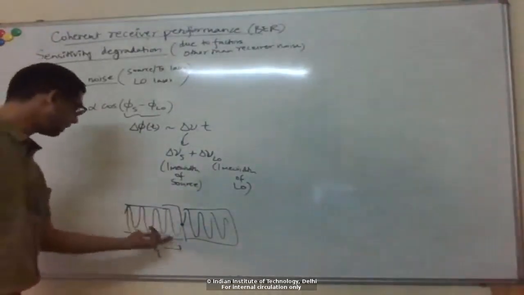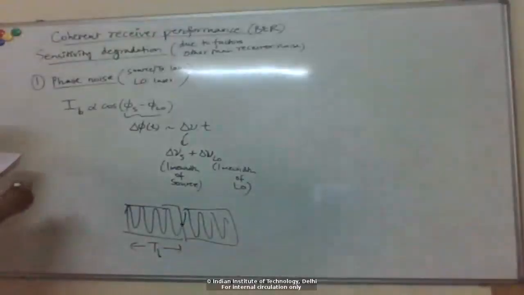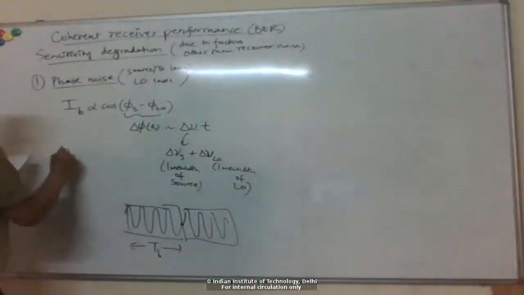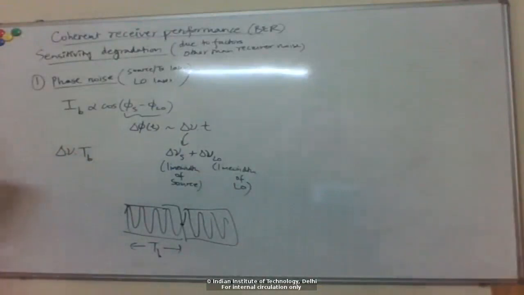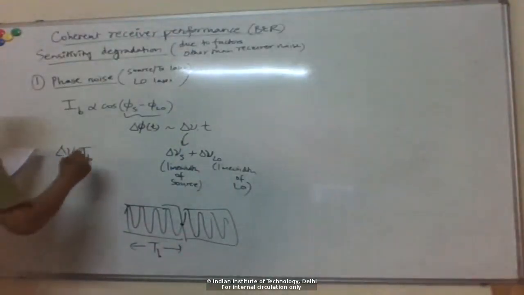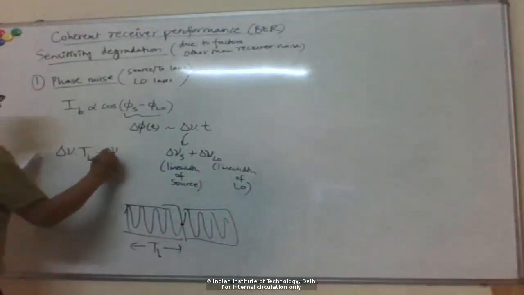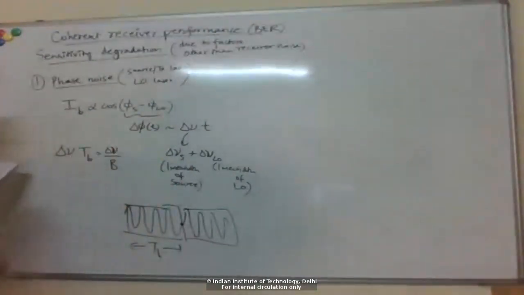Otherwise, I can't recover the signal. So this is delta nu times the bit period, the drift in the phase in 1 bit period, or I can write this as the total line width divided by the bit rate, because the bit period is the inverse of the bit rate.